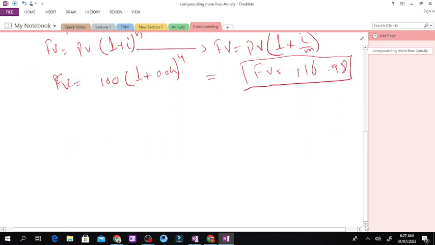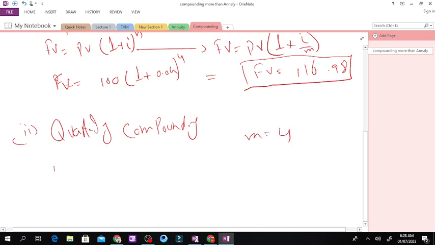This is the amount we will receive at the end of 2 years. Now the second condition is the quarterly system, quarterly compounding. Same example I'm going to take. What will happen now? m would be equal to 4. So future value is equal to 100 multiplied by 1 plus 0.08 divided by 4, with n which is 2 multiplied by m which is 4.